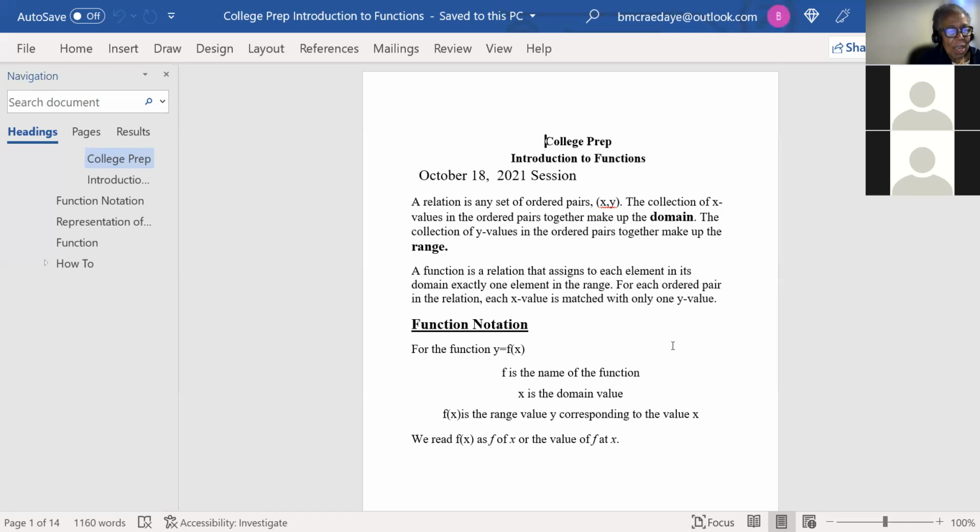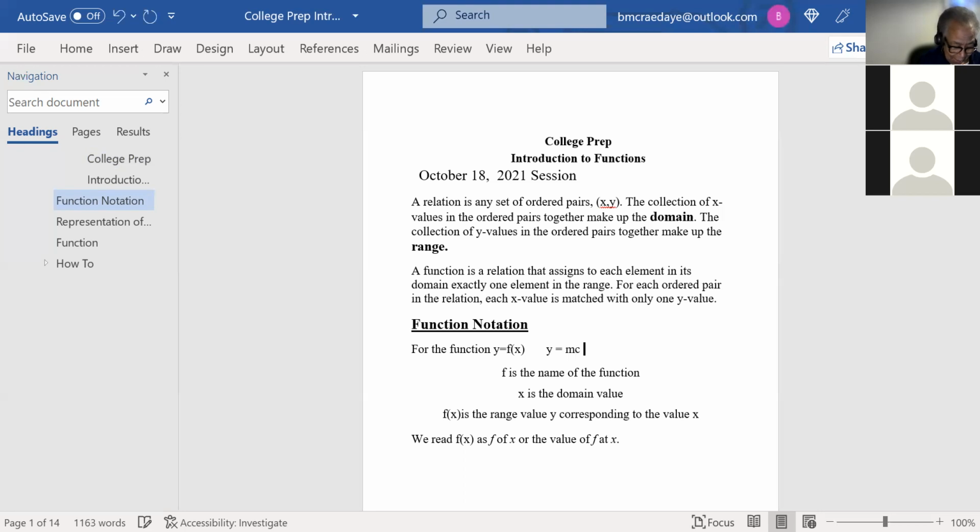So we say a function F of X, and that's the same as what we've been saying Y. Remember when we had Y equals MX plus B? The only difference is we're not saying Y, we are saying F of X.